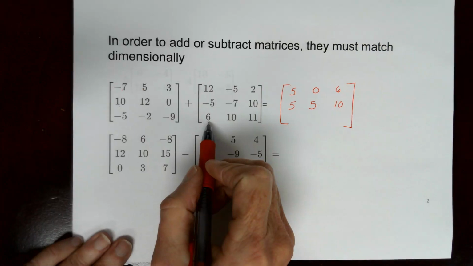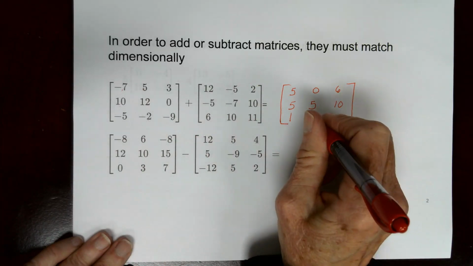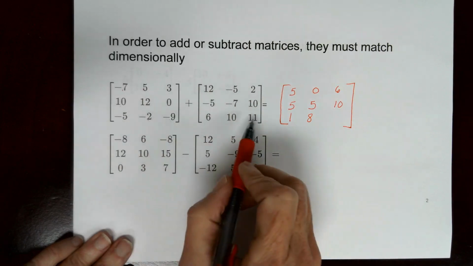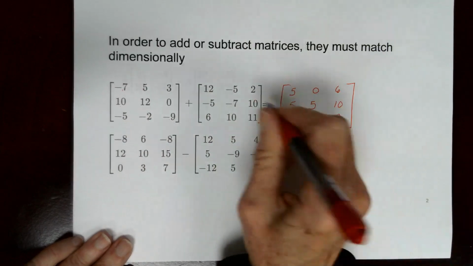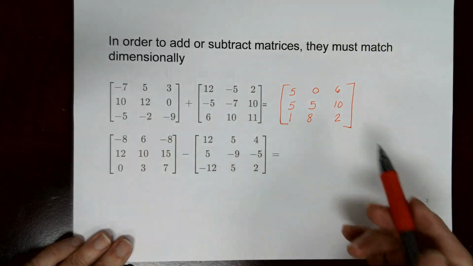Negative 5 plus 6 is 1. Negative 2 plus 10 is 8. Negative 9 plus 11 is positive 2. So this is the answer when you add those two matrices together.